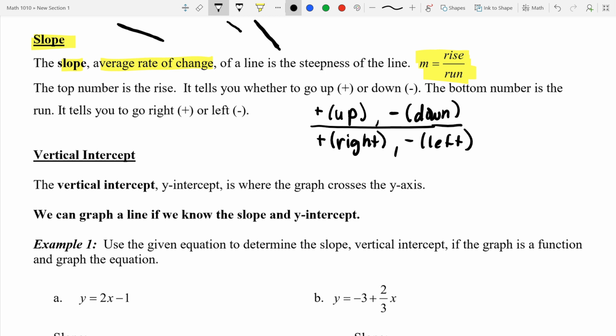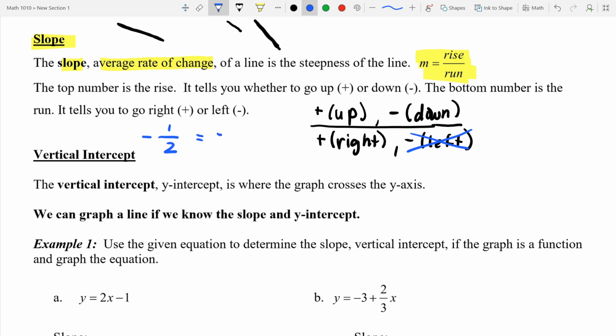Now I'm going to say something to you right now that might be confusing, so try to watch. I rarely do this. I rarely go left. Here's why. If you have 1/2 that's a negative, and that's your slope, I always put the negative on the top.